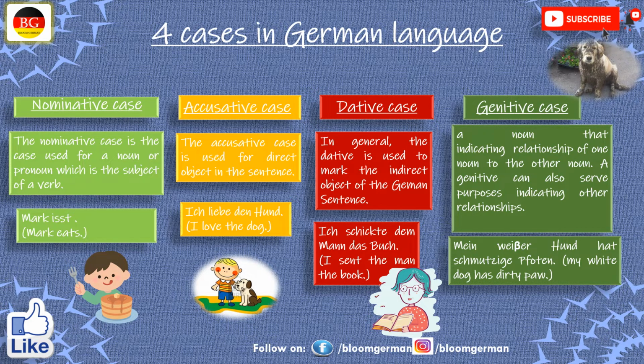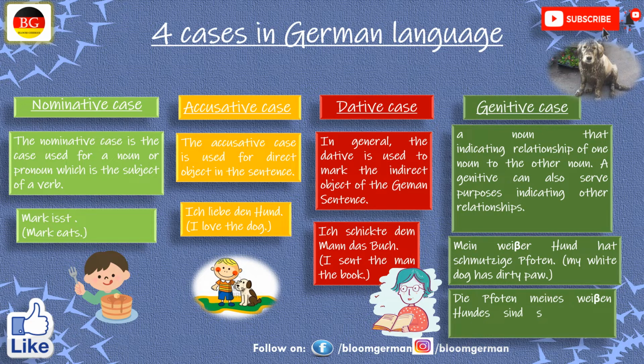Now this is a simple sentence. How will we make it a genitive case sentence? Die Pfoten meines weißen Hundes sind schmutzig. My white dog's paws are dirty.